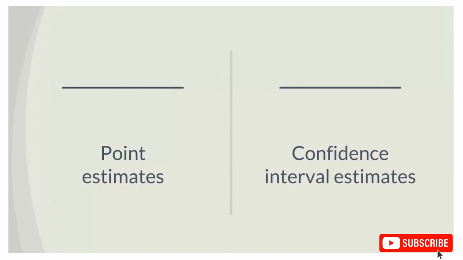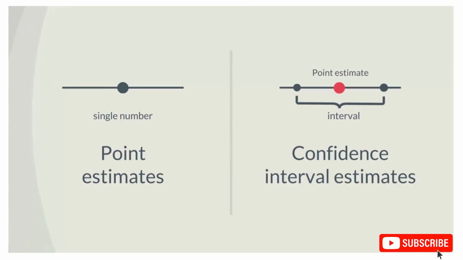A point estimate is a single number, while a confidence interval, naturally, is an interval. The two are closely related. In fact, the point estimate is located exactly in the middle of the confidence interval. However, confidence intervals provide much more information and are preferred when making inferences.